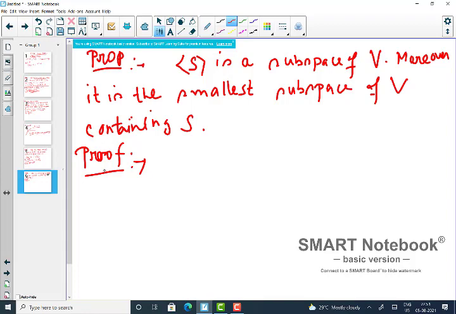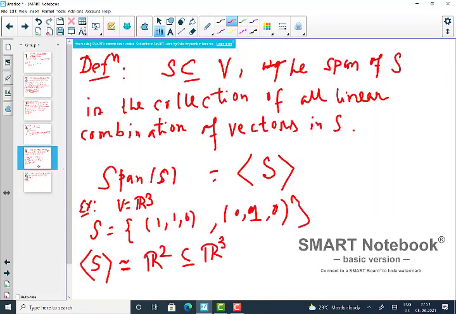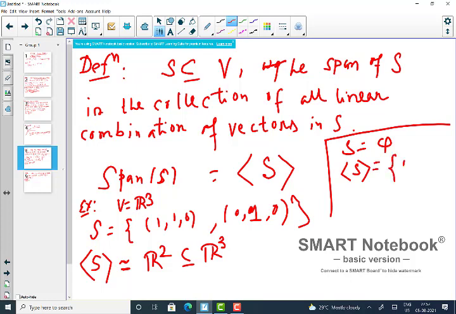Maybe I should say here, when I define the span, I am also using one notation: whenever S is the empty set, the span is the singleton 0. This is our convention to avoid some ambiguity. So the span of an empty set is the vector space containing only 0.